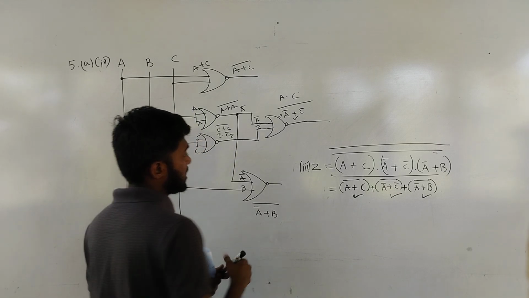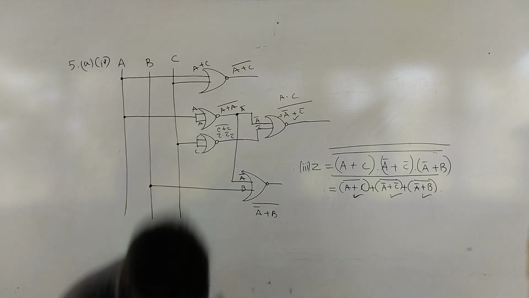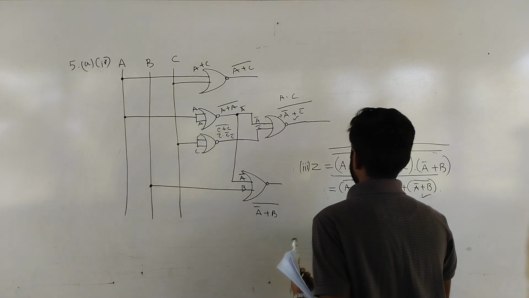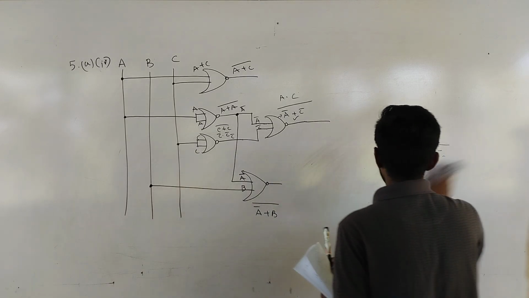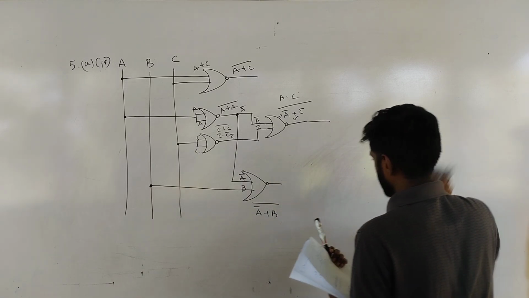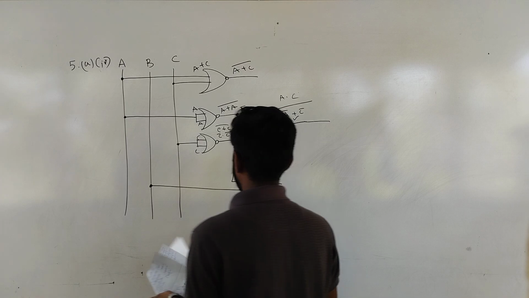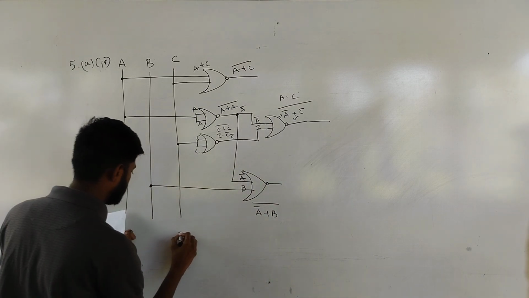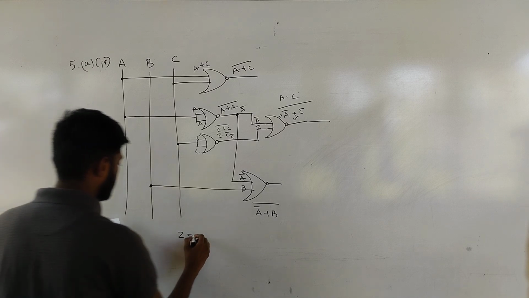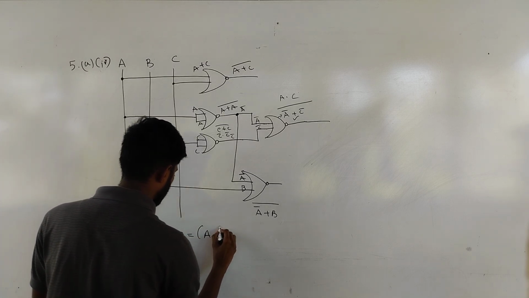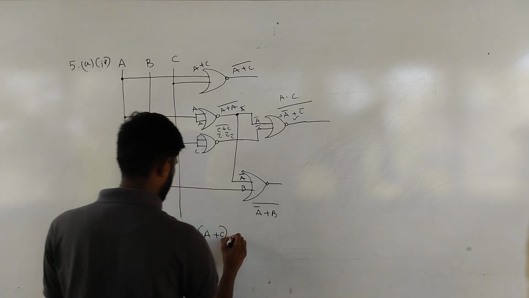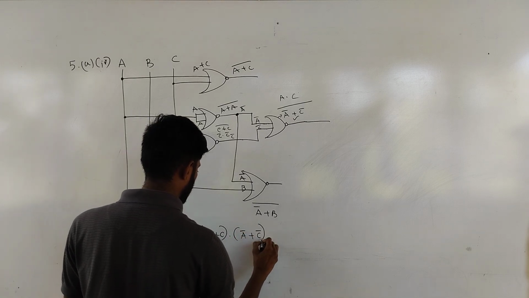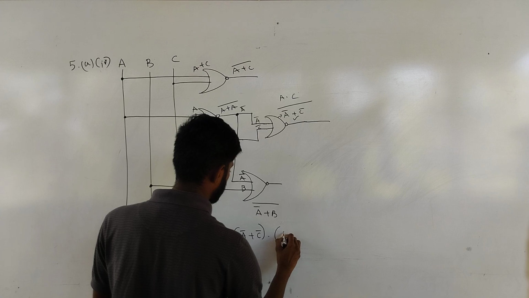Now let me erase this, because now I need to draw the complete NOR gate circuit. Anyhow, let me write the simplified POS expression. That is, let me write it down, dear students. Z is equal to A plus C dot A bar plus C bar dot A bar plus B, right?